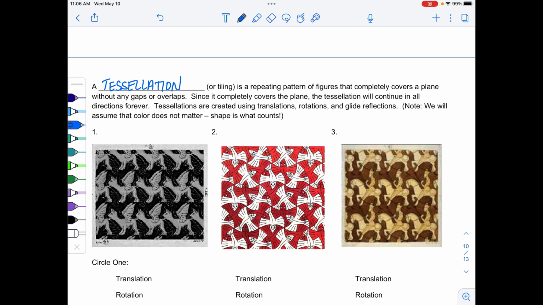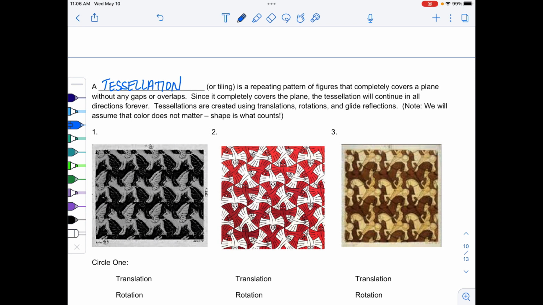But a tessellation is a tiling or a repetitive pattern of the similar or same figures that completely covers a plane without any overlapping or gapping. Since it covers the plane entirely, the tessellation will continue in all directions infinitely.